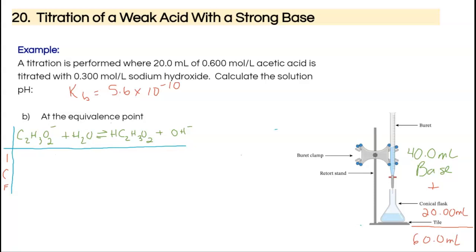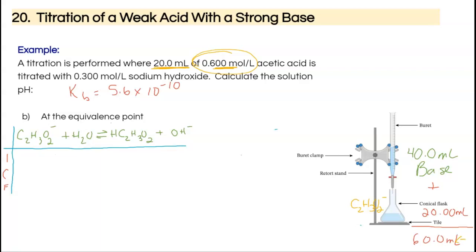Our acetate, C2H3O2 minus, is coming from our initial concentration of acetic acid, but it's been diluted. I no longer have 20 mL of this concentration. I've diluted it by adding the base, so I need to figure out the new concentration of that acetate.